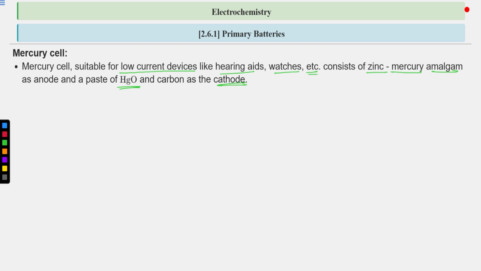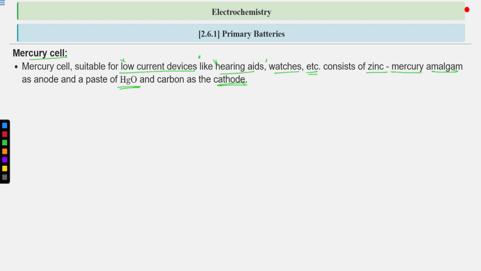As we are talking about a new cell, we talk about its anode and cathode. It is suitable for low current devices where we need a very low amount of current.